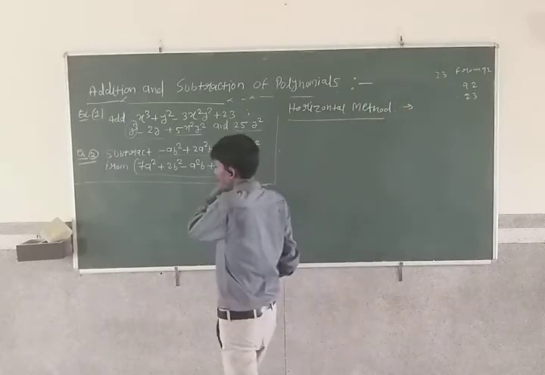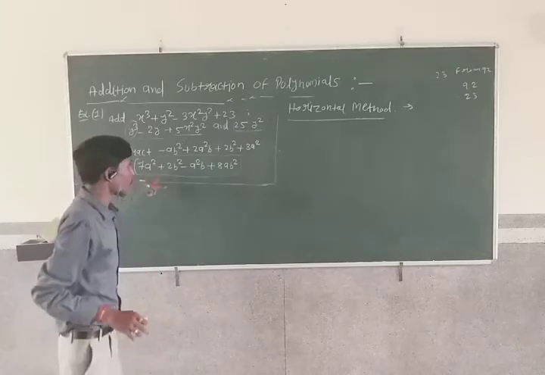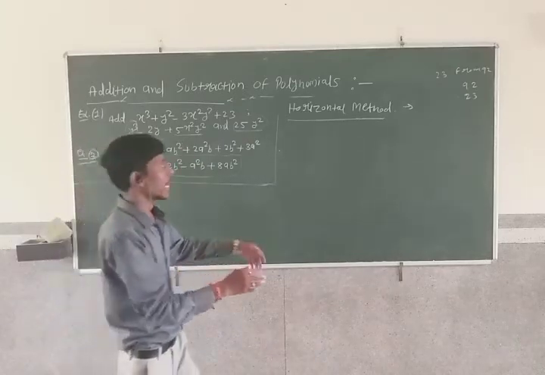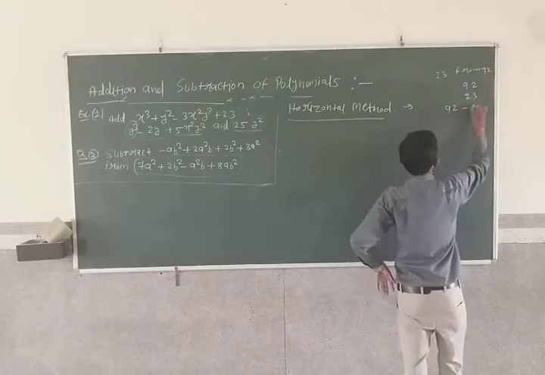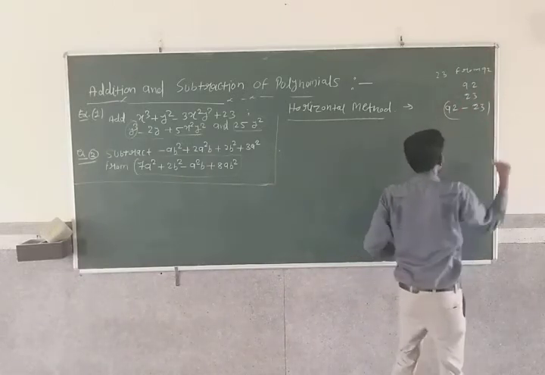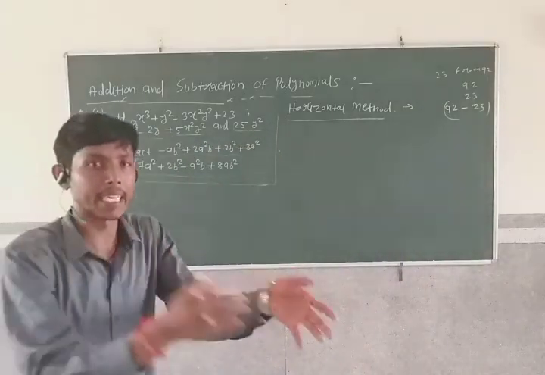Horizontal method. When we use the horizontal method, the polynomial after "from" I will write first. If I write 92 minus 23 in a horizontal way, the number written after "from" we write at the first place.